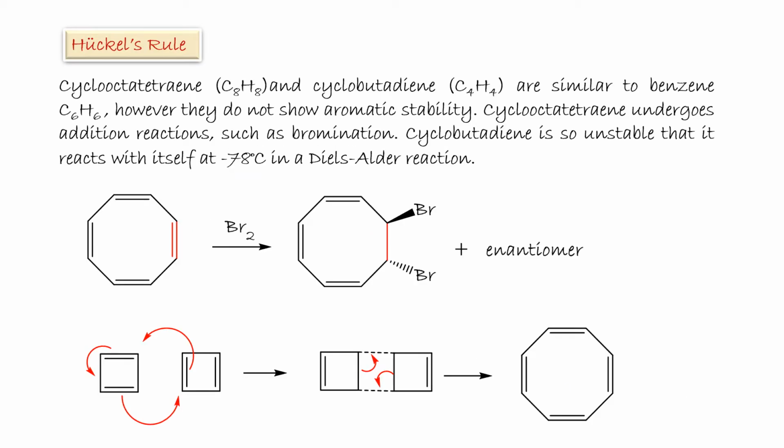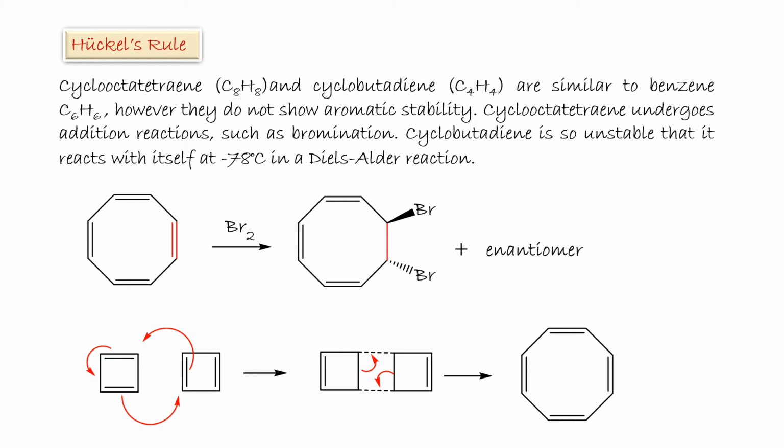Hückel's rule. Scientists started studying the reactivity and stability of many cyclic polyene compounds to put their hand on why some compounds are aromatic, some are not aromatic or anti-aromatic.